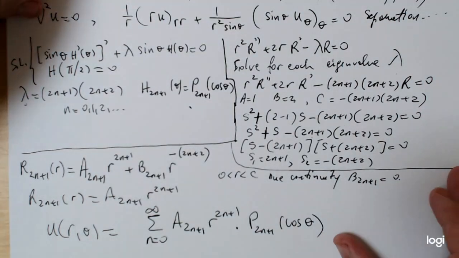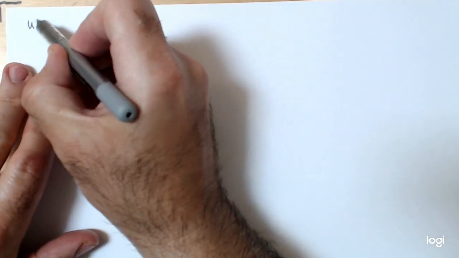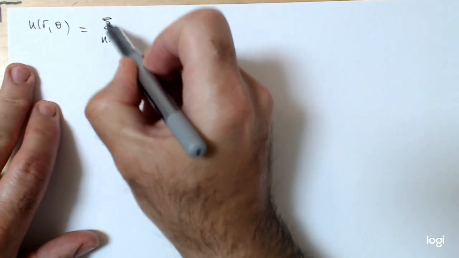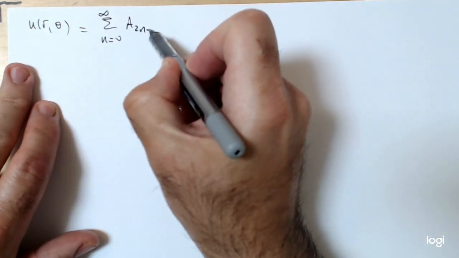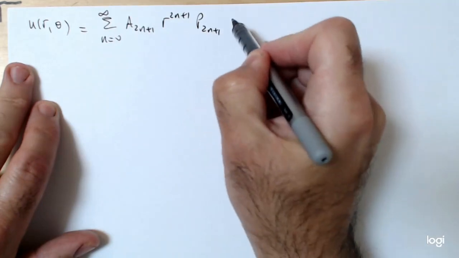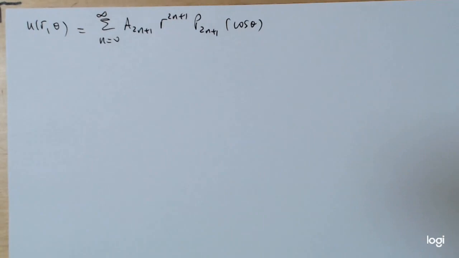Let me write it again on a new piece of paper. I don't want to make another part and break the flow. All right. So we have that this is the format of the general solution.